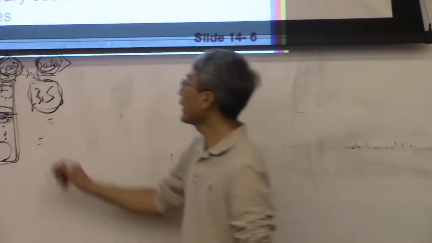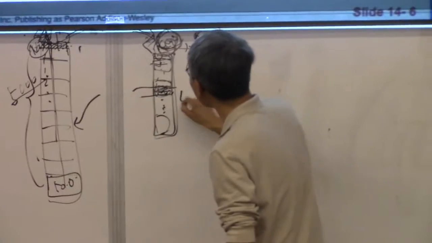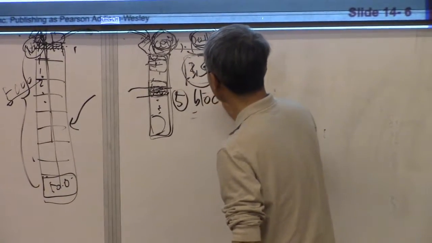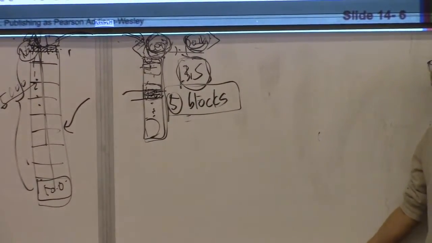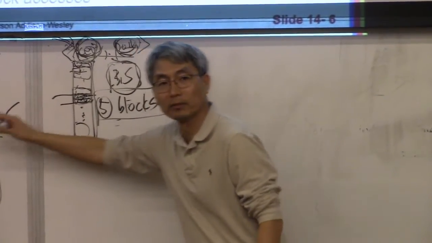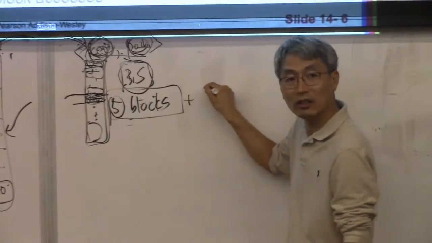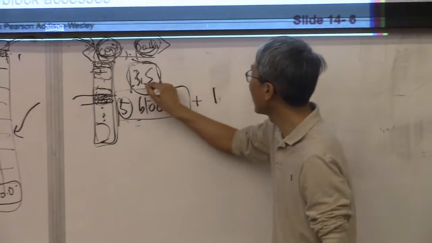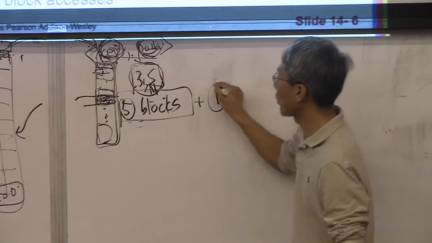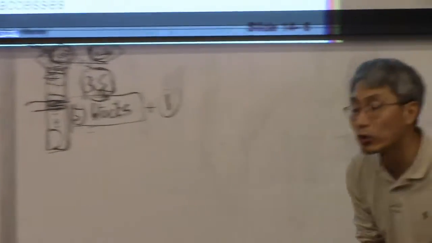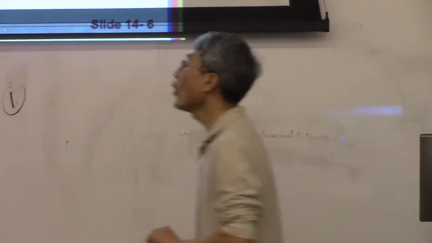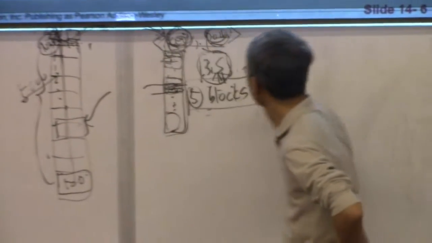For example, if the index takes 5 blocks, how many IOs are needed to find the data? 5 blocks plus 1. The 5 is for binary search, and the 1 is for accessing the data file. Always, when we are using an index to access the data file, it's a +1.